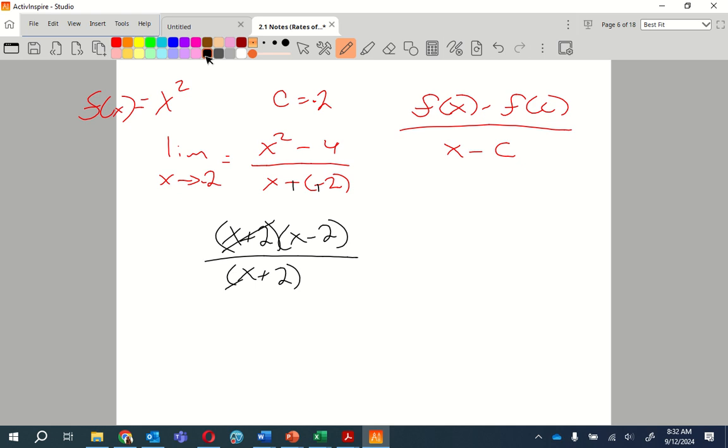So now I can do the limit as x approaches -2, which is going to give me -4. So going back again, we're going to say that f prime of -2 is -4. So this is all that notation from the first or second slide.